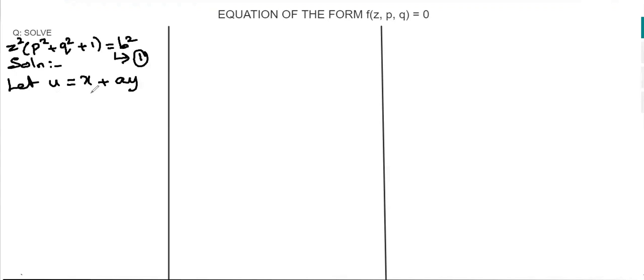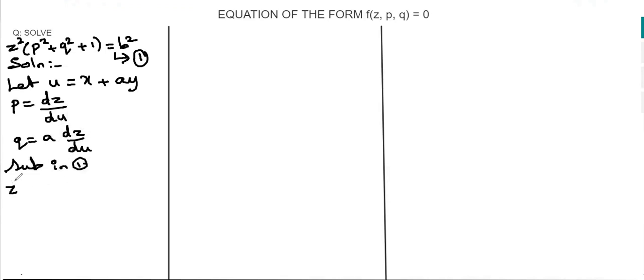You have to find your p and q values. From this u equation, p equals dz by du, and q equals a dz by du. Now these two values p and q we have to substitute in equation 1.